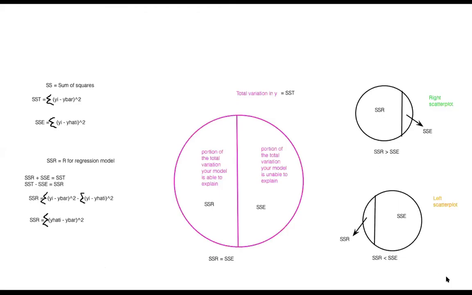So now moving on to our cigarettes and mortality rate data set. SSR, according to RStudio, is 245,330.79.